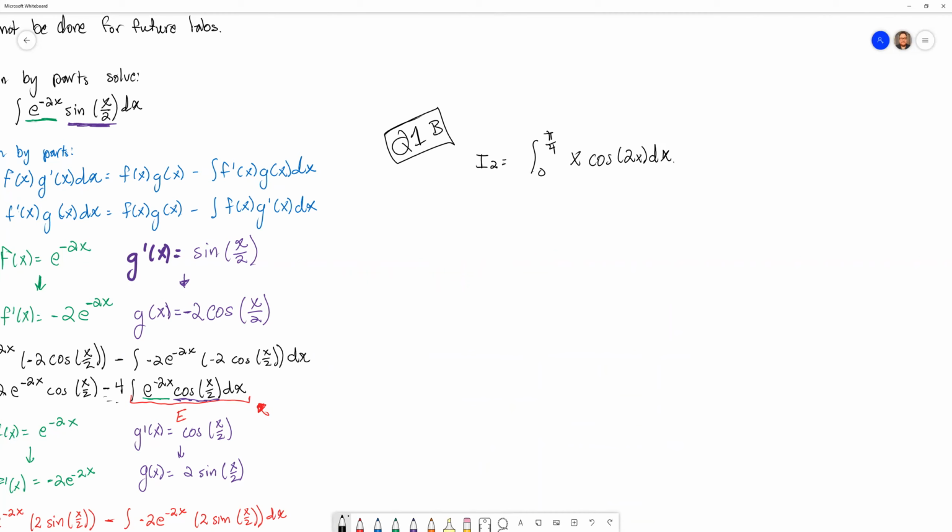Okay. So first of all, we are going to be doing a definite integral.